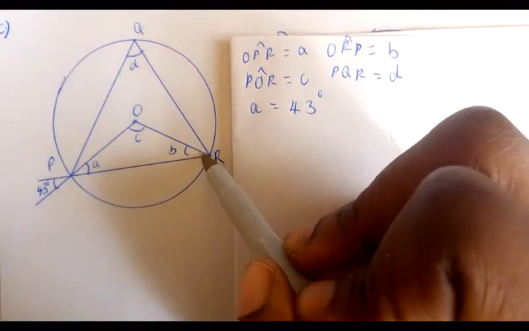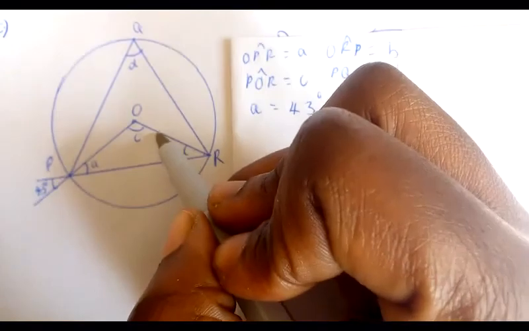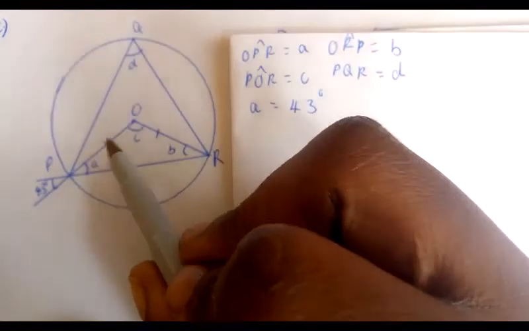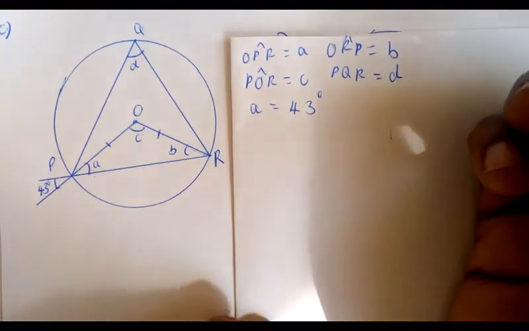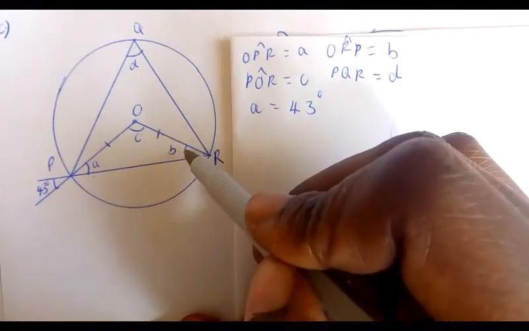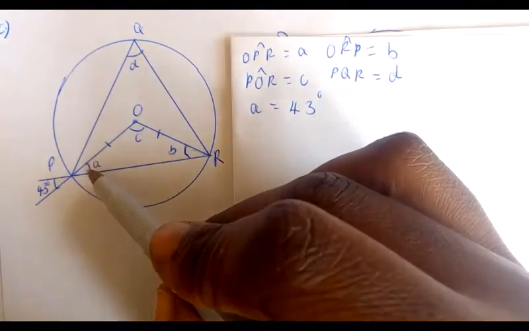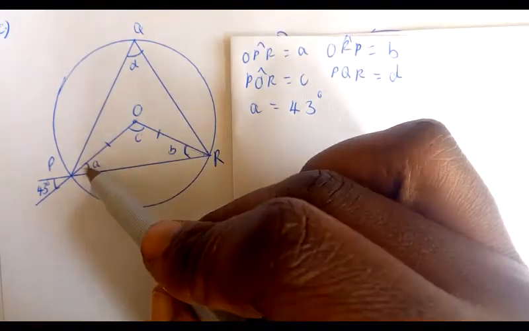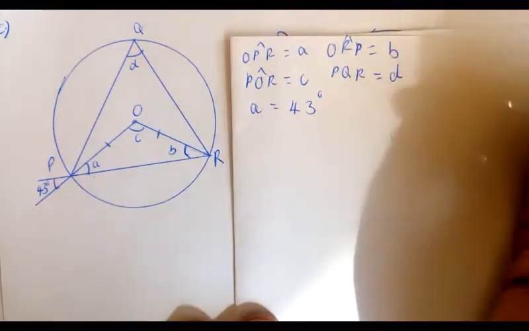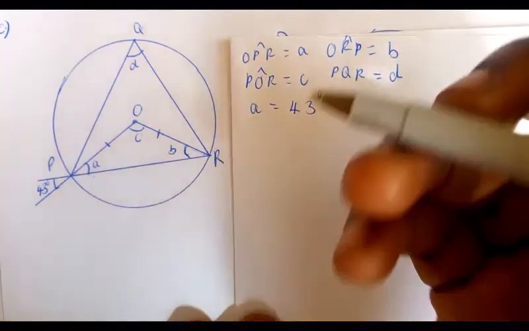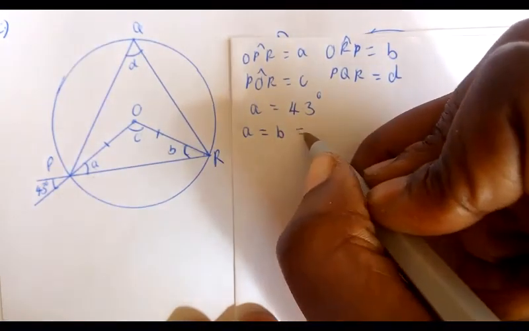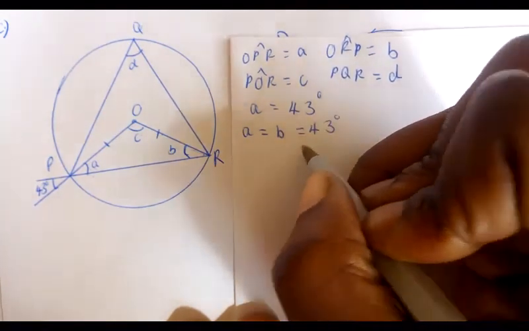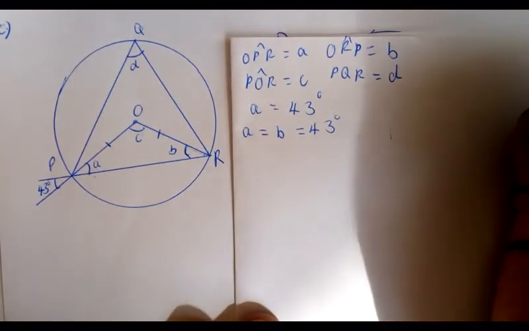These two sides are both radii. This is a radius and this is a radius. This side is equal to this side. This is an isosceles triangle. And an isosceles triangle has two equal sides and two equal angles that are opposite to the equal sides. So angle A is equal to angle B, which is equal to 43 degrees. Therefore, angle B is 43 degrees.